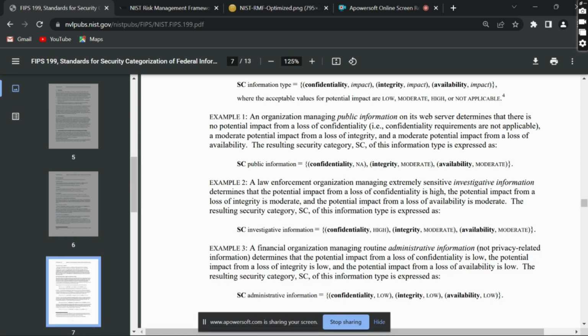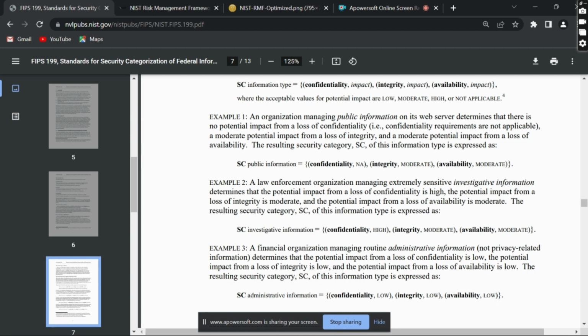So the word here is moderate, which means integrity is going to be moderate, okay? And a moderate potential impact from a loss of availability. So the impact on availability was moderate. That is why when you come down to the formula, confidentiality is none, so NA. Integrity is moderate, availability is moderate.